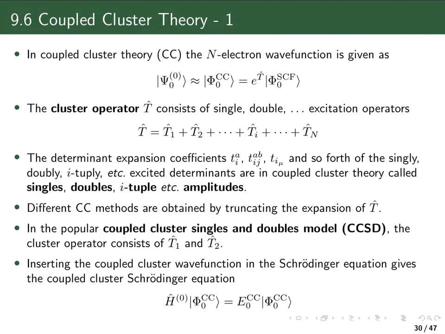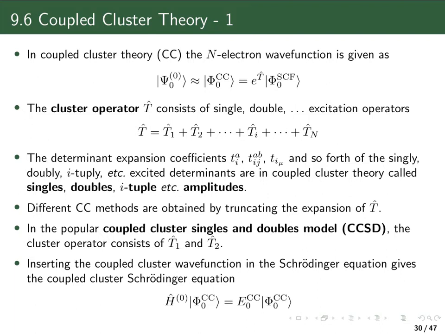The question is now, how do we get an expression for the coupled cluster energy, and how do we get some equations from which we can determine the amplitudes? Well, it's actually done very much the same as in Møller-Plesset perturbation theory. It is done by projecting the equations against the set of Slater determinants made from the Hartree-Fock spin orbitals.